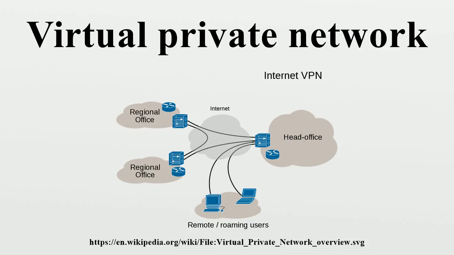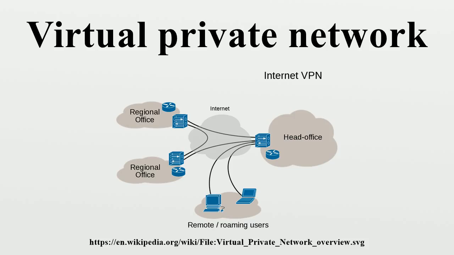BGP/MPLS PPVPN, in the method defined by RFC 2547, BGP extensions advertise routes in the IPv4 VPN address family, which are of the form of 12-byte strings, beginning with an 8-byte route distinguisher and ending with a 4-byte IPv4 address.